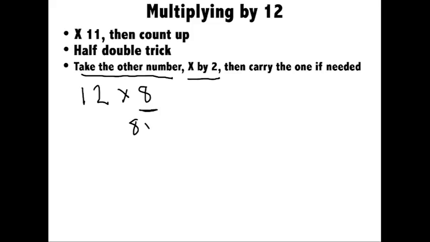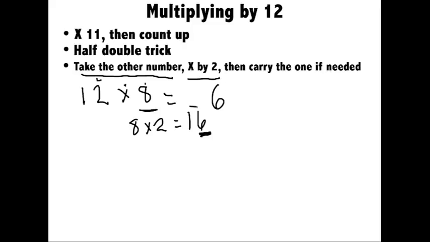So 8 times 2 equals 16. The second digit of that answer is my final number when multiplying 12 times 8 together.